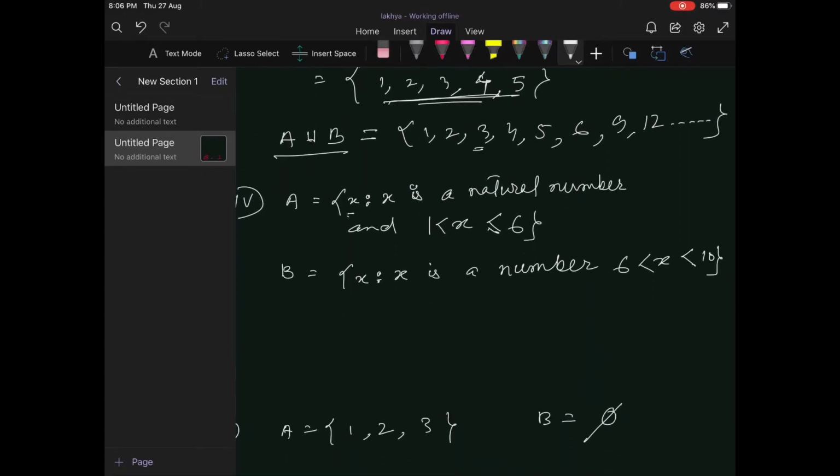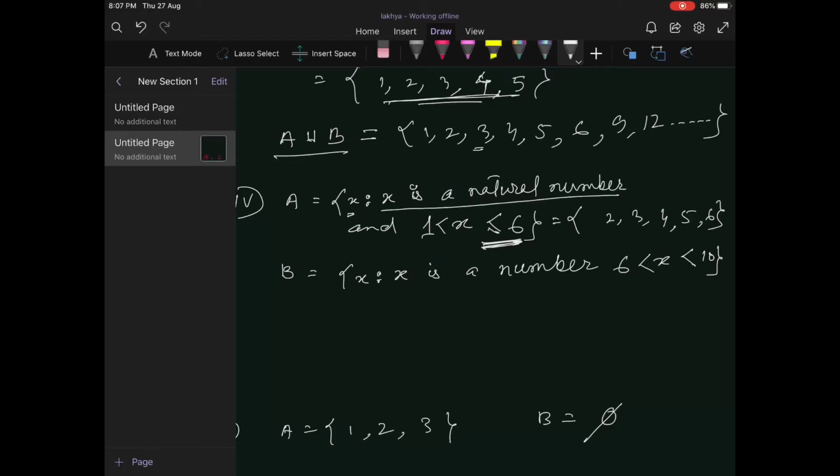Now next, set A is a set of X such that X is a natural number and X is greater than 1 and less than or equal to 6. That must be 1, 2, 3, sorry, here you see it should not contain 1. So 2, 3, 4, 5 and 6.